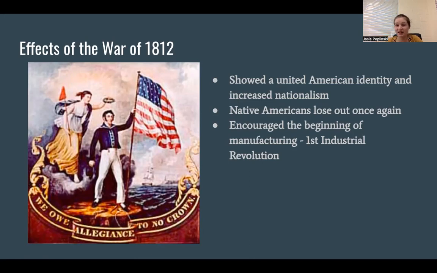So they cannot engage in this trade as their main source of income anymore in the New England area. And so that New England area is going to turn to manufacturing. Remember how we talked about mercantilism? They were sending out those raw materials. Now their trade partners are not sending back the manufactured goods. So they're going to have to start manufacturing for themselves. That's how we get into this new era of industrial revolution.